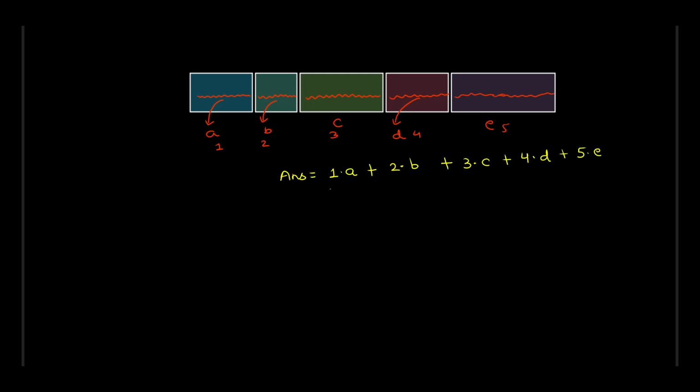Right now we have not made any assumptions about A, B, C, D, and E. These just represent the sums of elements in the blocks that you have chosen. So this is just solving the problem for a general distribution.